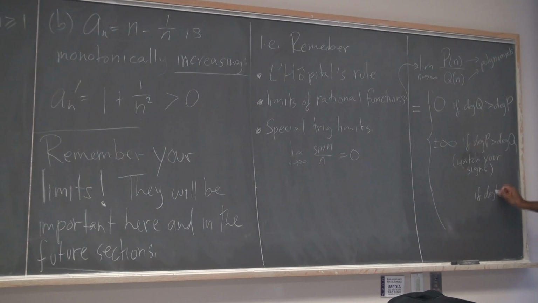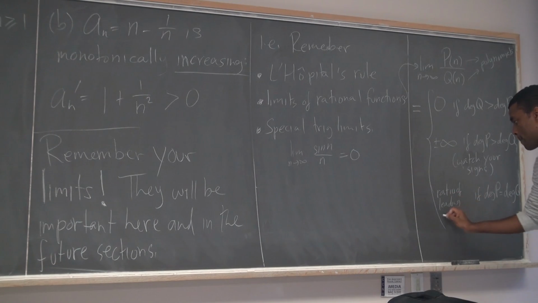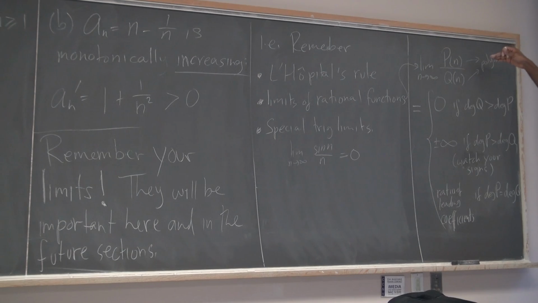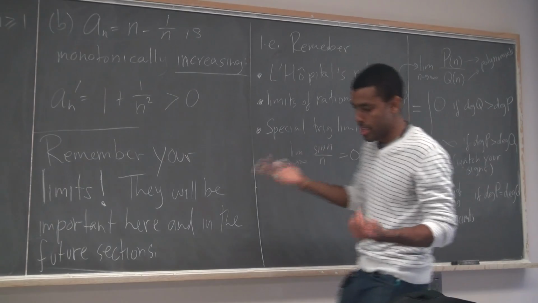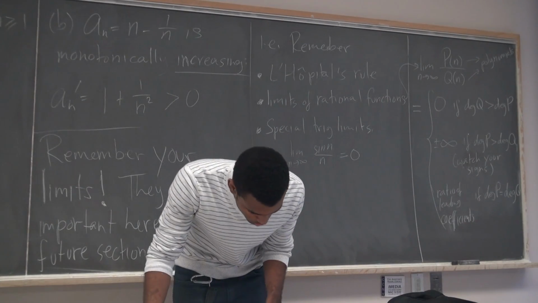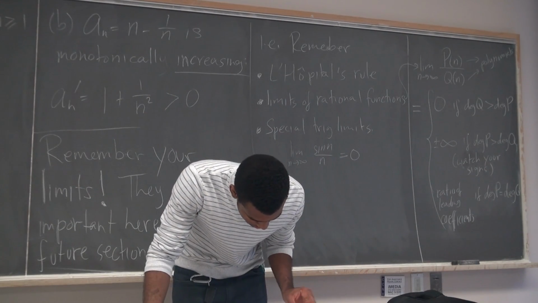What happens? It's equal to the ratio of the leading coefficients. So you look at the coefficient of the highest power on the top divided by the coefficient of the highest power on the bottom, and that's going to be your answer. Things like that I expect you to remember. Won't really go more into that.